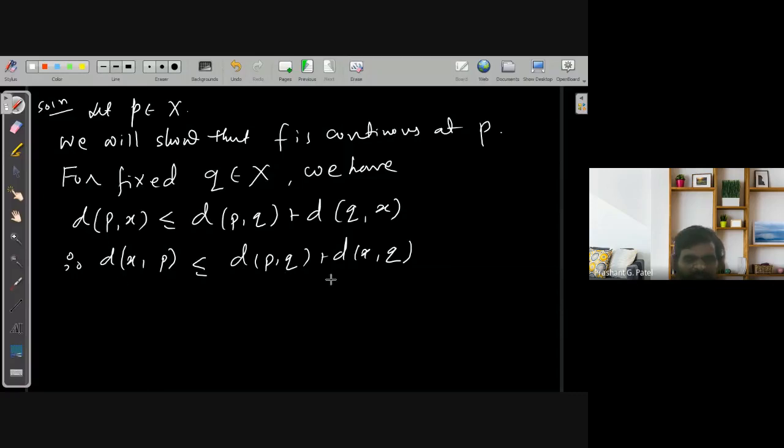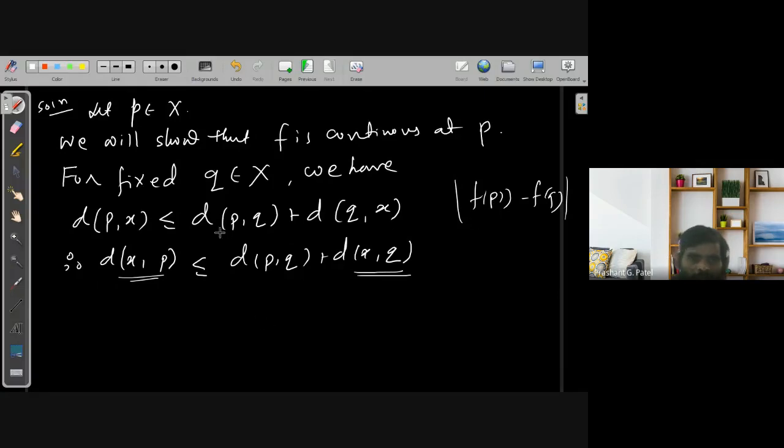Now, why do I require this? Because I want to prove that f(P) minus f(Q) is less than epsilon. So what is f(P) is this quantity, and what is f(Q) is this quantity.